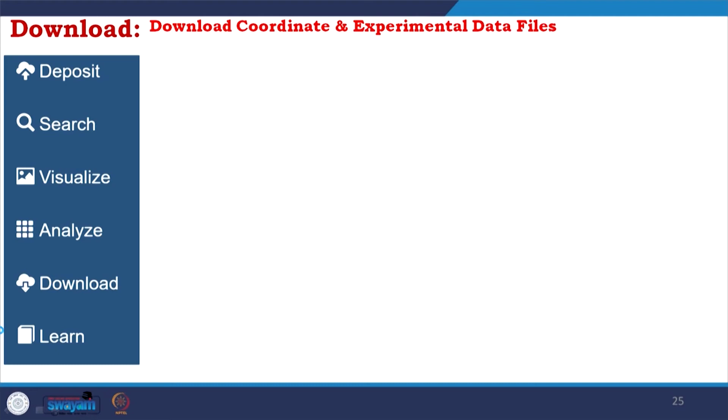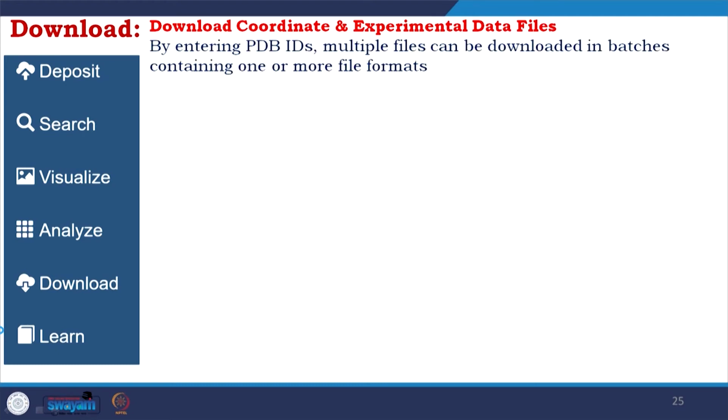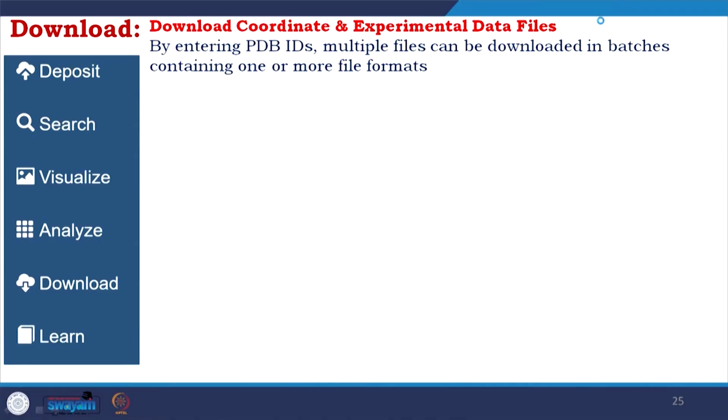Download, you could download coordinate and experimental data files. What you have to do? You have to enter the PDB ID, which I am talking about continuously. A PDB ID is a combination of numbers and letters, like 2GDN is a PDB ID. You have to remember there are 4 positions.